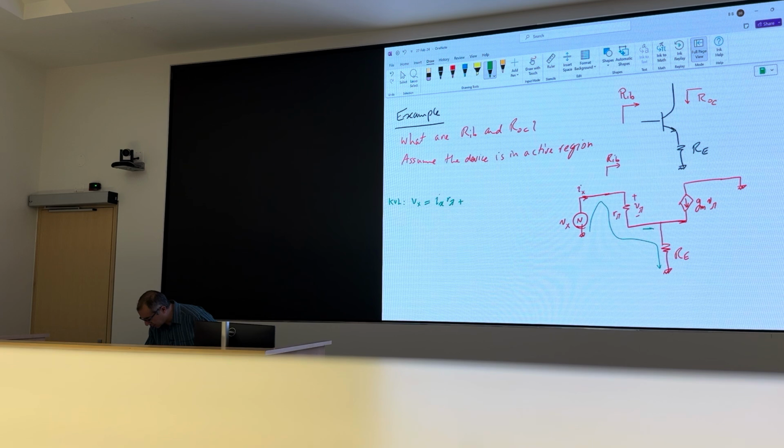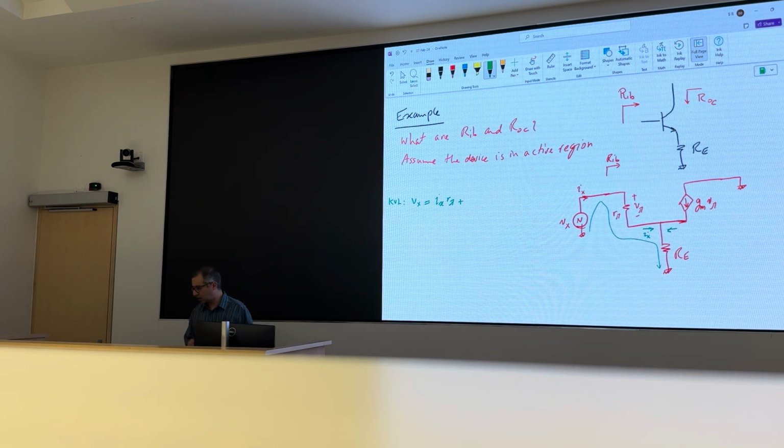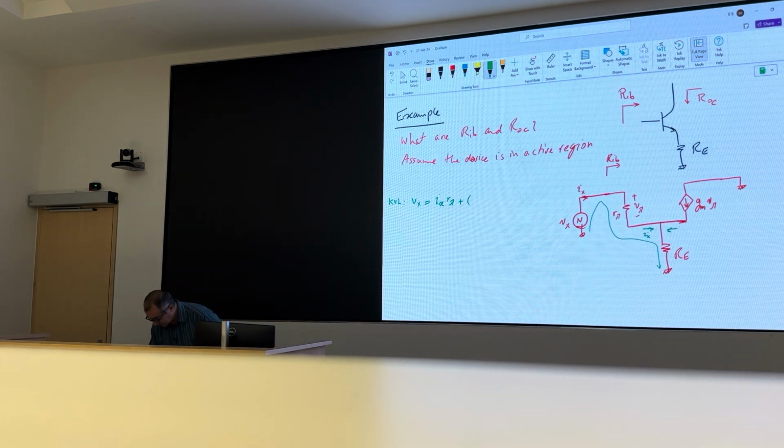Then I have a current Ix coming from the left side and gm V pi from the right side. They add up at that node and go through R_E: Ix plus gm V pi.